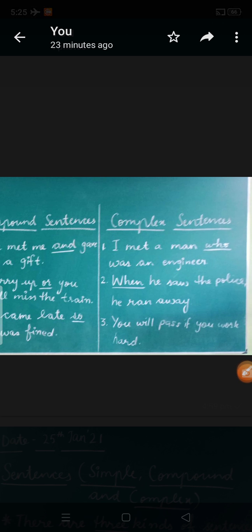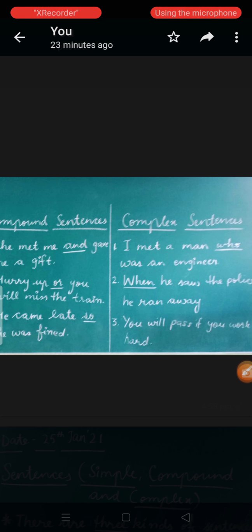Now move to complex sentences. What is a complex sentence? We have discussed that in a complex sentence there is one independent clause and one or more dependent clauses. Here you can see, I met a man. This is a complete sentence. It makes some sense. So this is an independent clause. Who was an engineer?